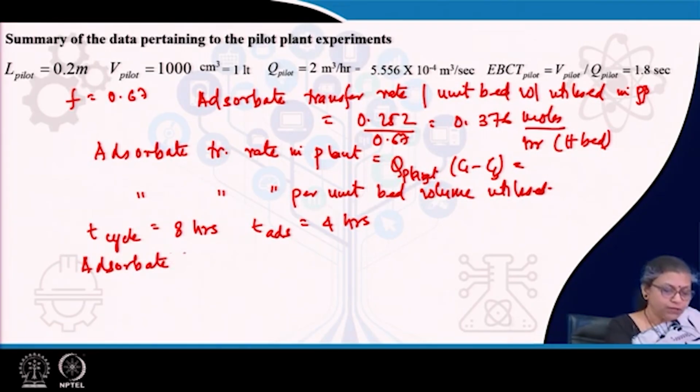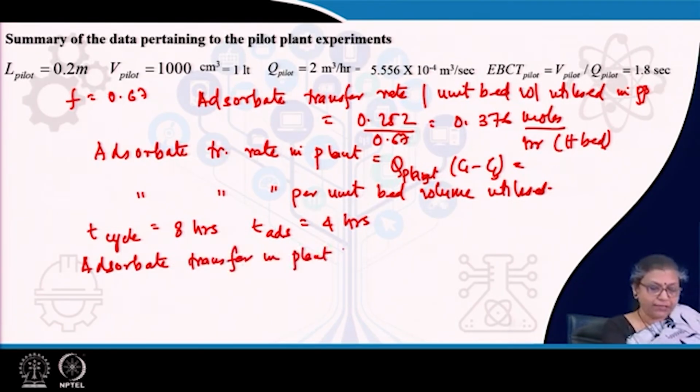So, the adsorbate transfer in the plant for one cycle, you can very well find out, right. Sorry, there was a mistake here. So, the adsorbate transfer rate in the plant you can find out.